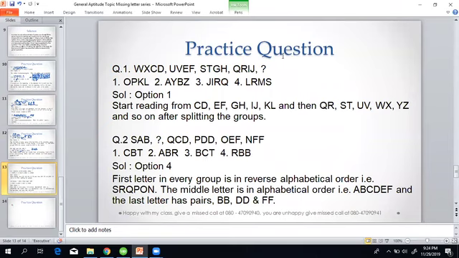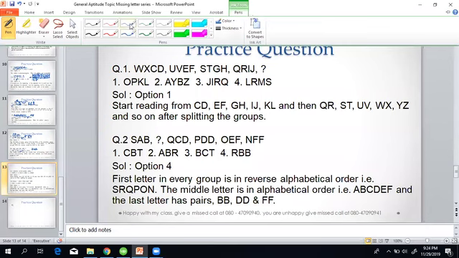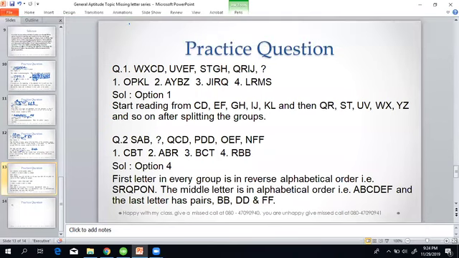Okay. Now this question, W X C D, U V E F. Here there are 4 letters in every group. In the last letters of these groups, you can see C D, E F, G H, I J. So they are following a pattern.